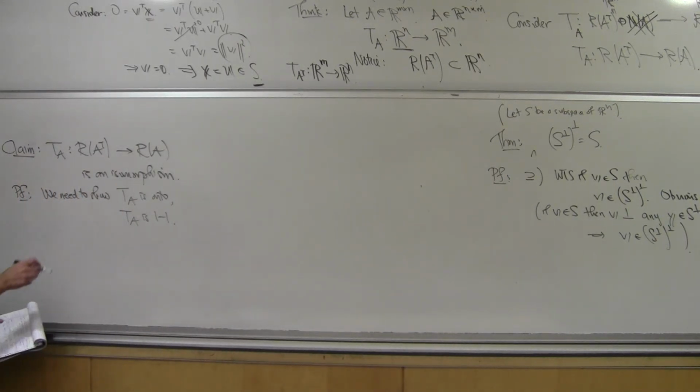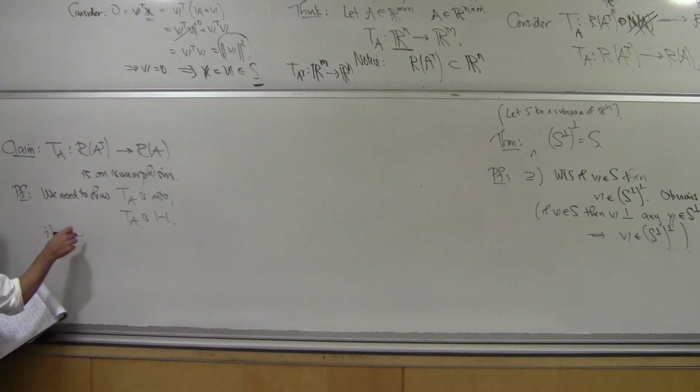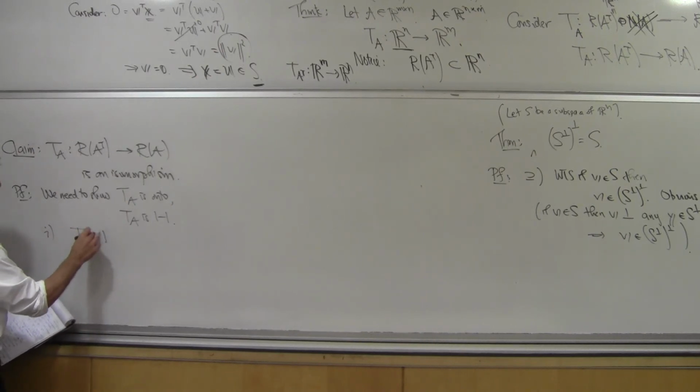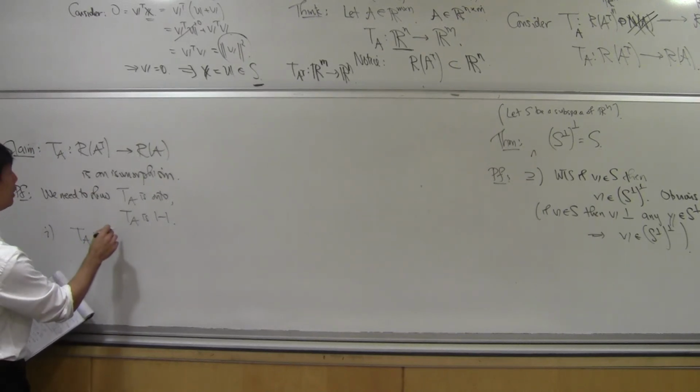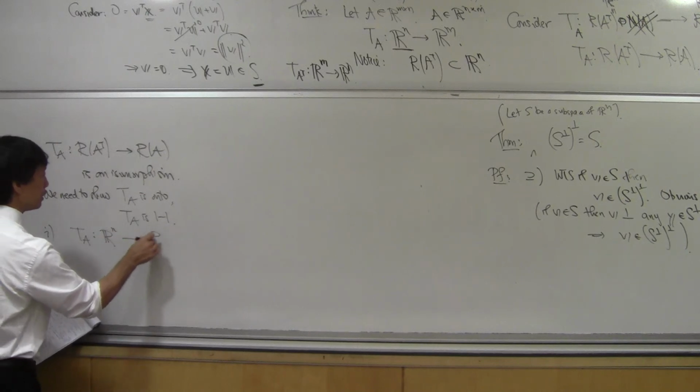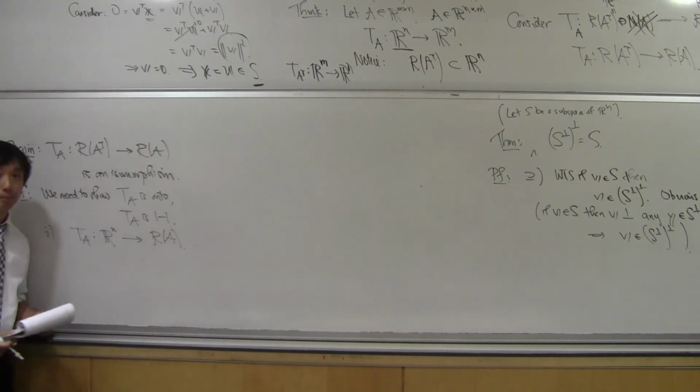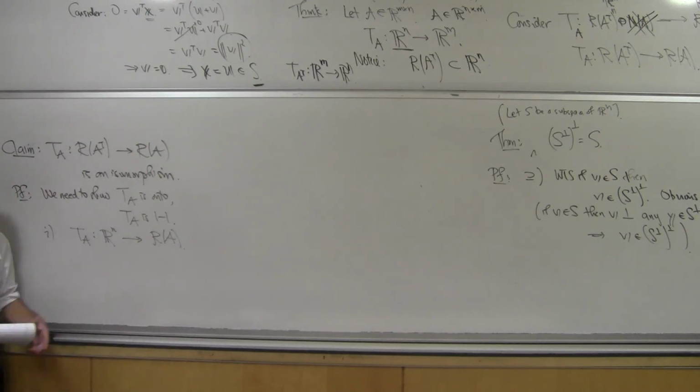So the first part: if I look at T sub A going from Rn onto the range of A, well, this is onto, right?